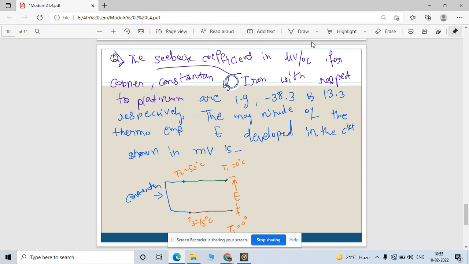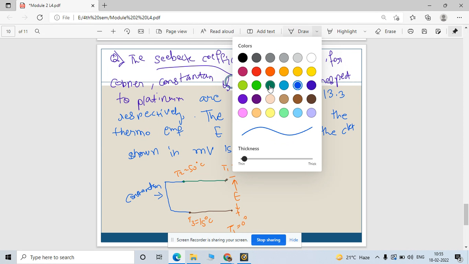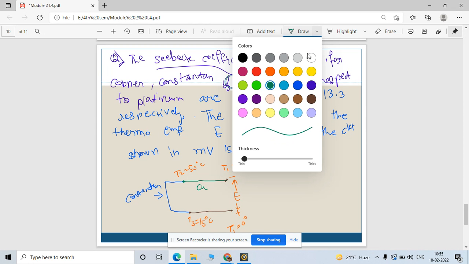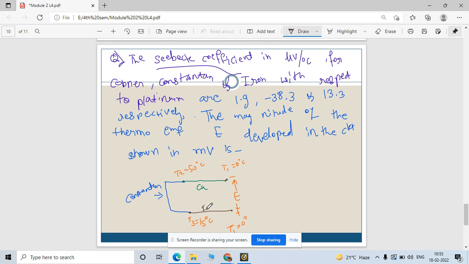This is your constantan, this is your copper and this is your iron. So this data is given to you. You need to find out the potential developed across this connection.